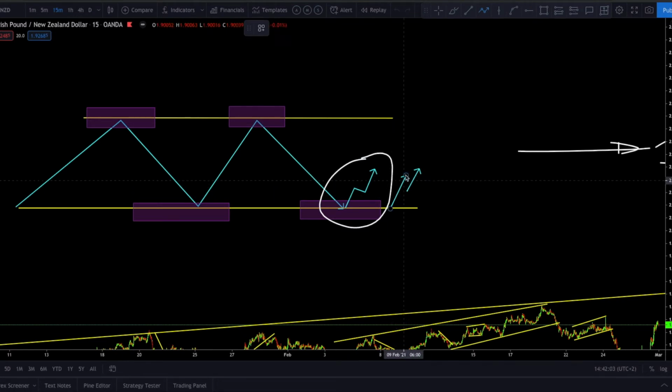But on 5 minutes it's only two candles like this. Maybe on 15 minutes it might be 4 candles, so on and so on. Maybe on 1 hour it's only one long candle, right? So go back to this thing.